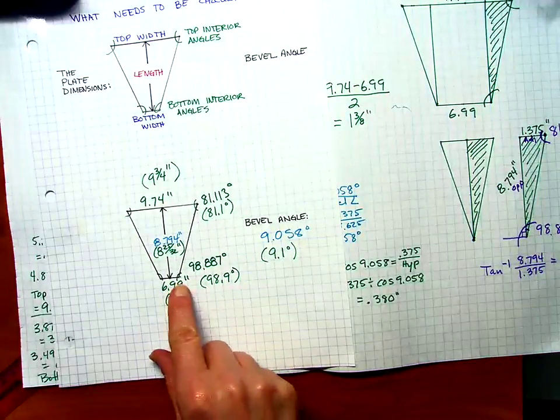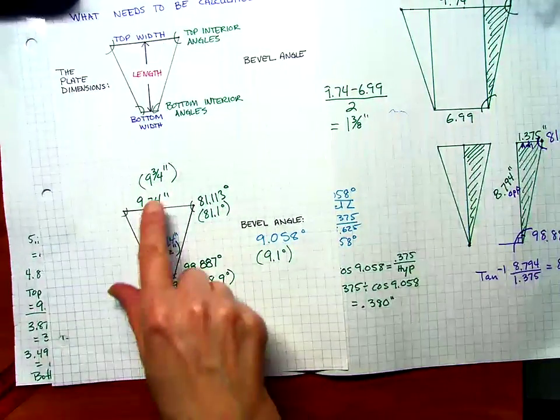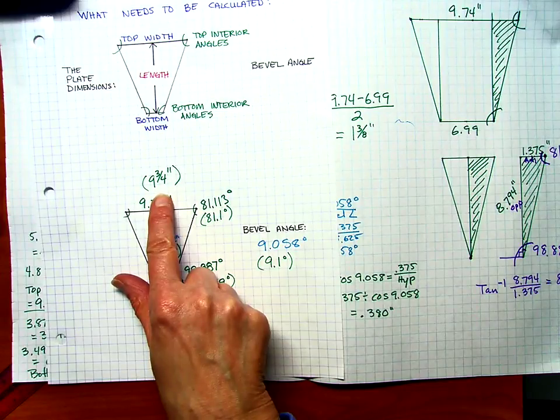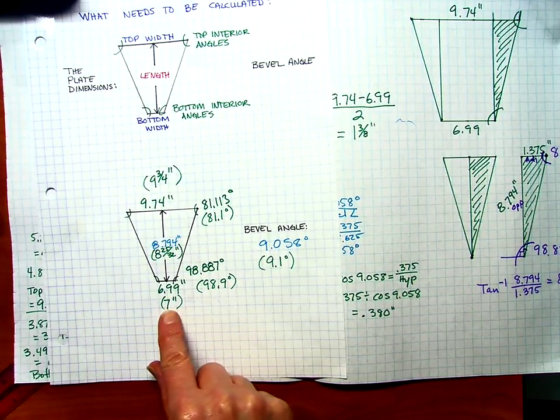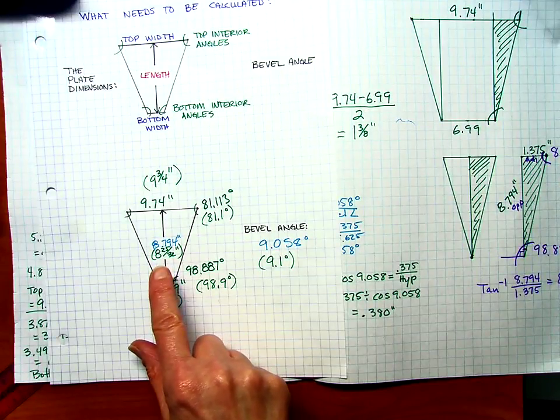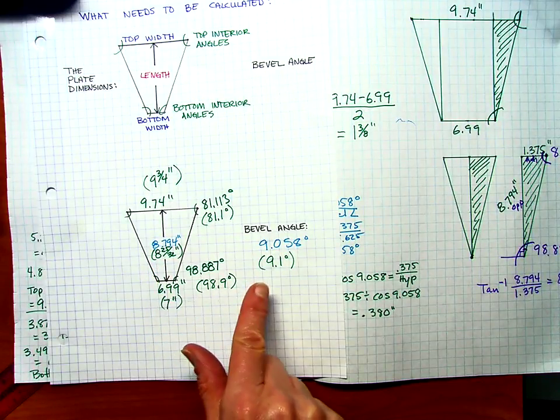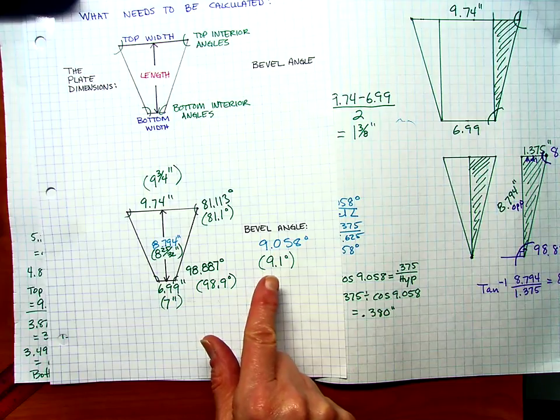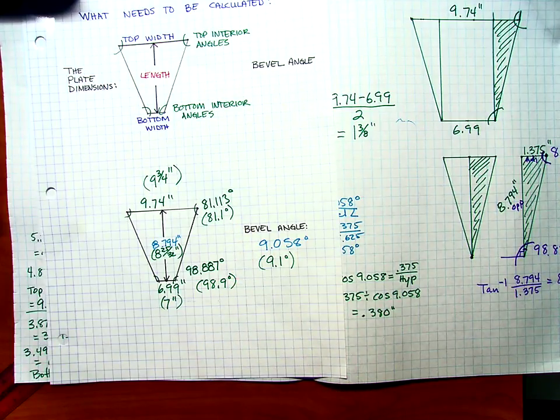So we've got 9 3/4 for the top, 7 inches for the bottom, 8 and 25 32nds for the length. The bevel is 9.1 degrees, and the angles are 81.1 and 98.9. If you have questions, come to class with them, and I'll do my best to answer them.